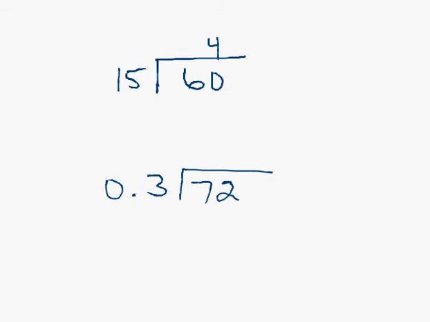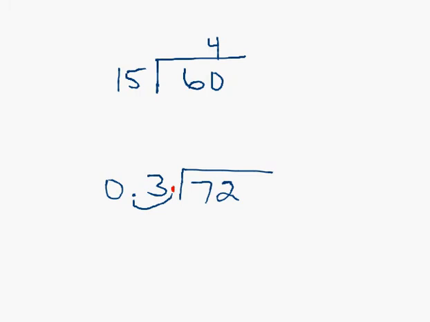Our next example is 72 divided by 0.3. Again, we're going to move the decimal point all the way over to the right, which is 1 place over. And we're going to do the same thing on the inside as well.